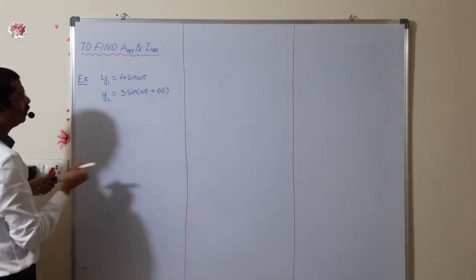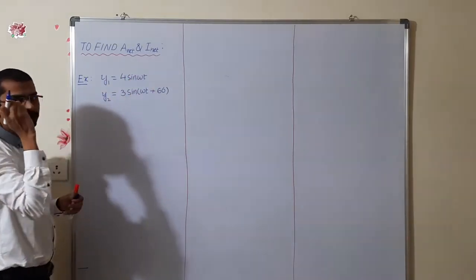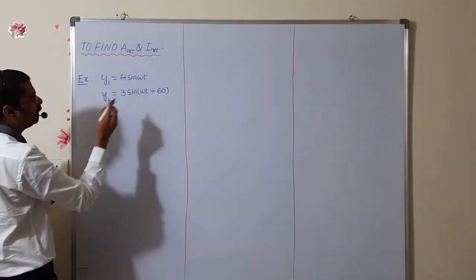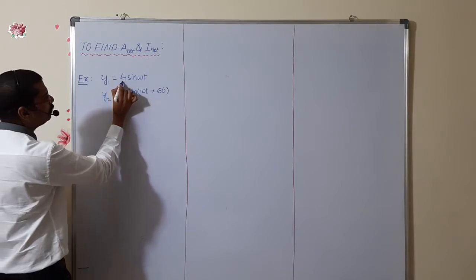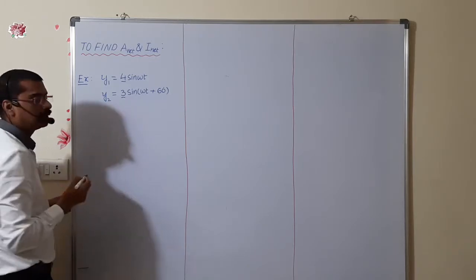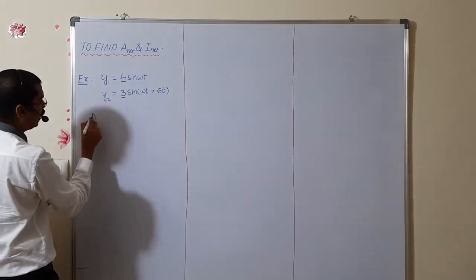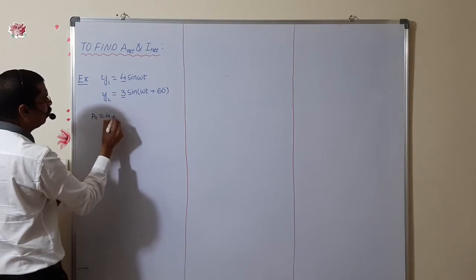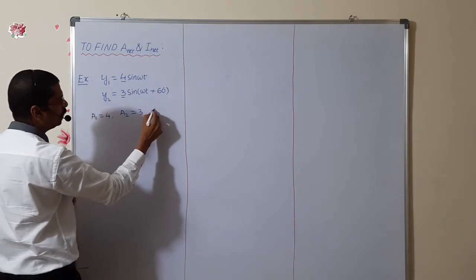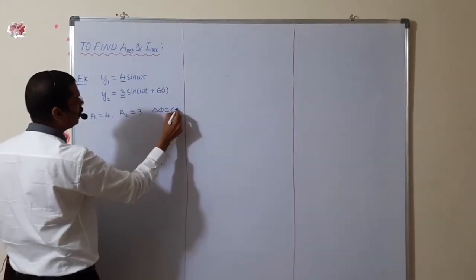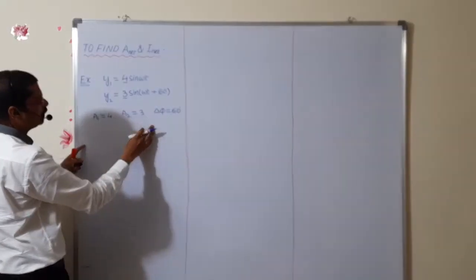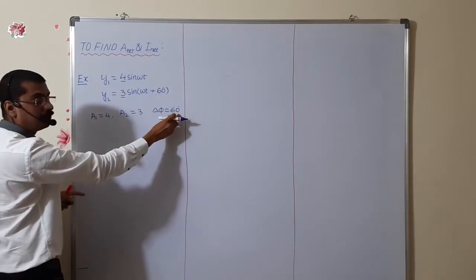We have already solved a number of sums based on this. Here, the wave having the lesser phase is A1 and the one having the more phase is A2. Then A1 is equal to 4 and A2 is equal to 3, and the two waves have a phase difference of 60 degrees. So the question is based on phase difference.